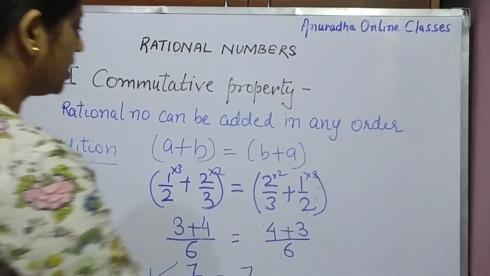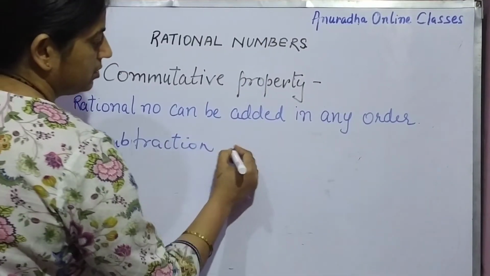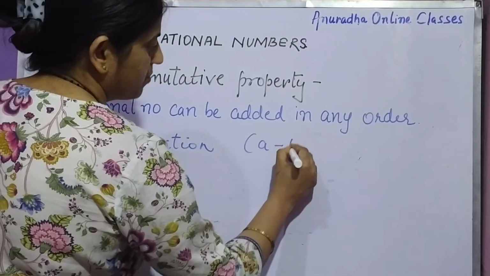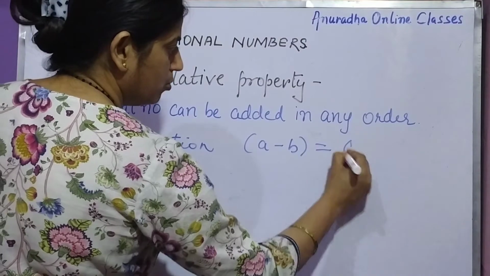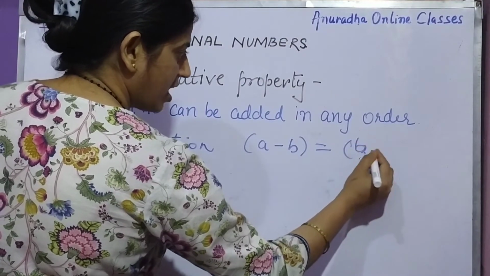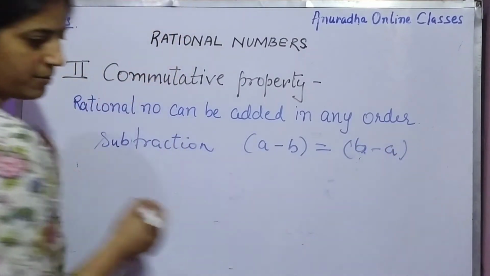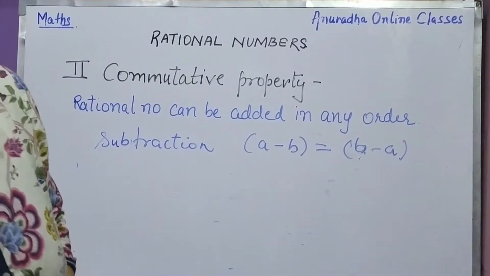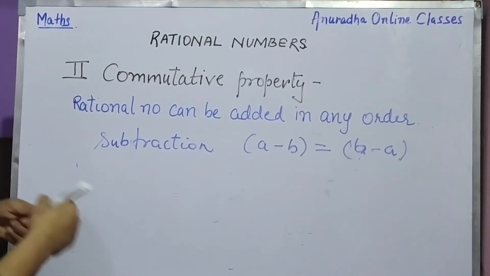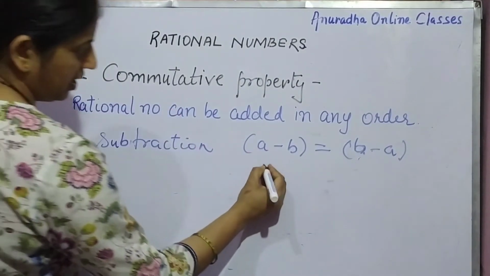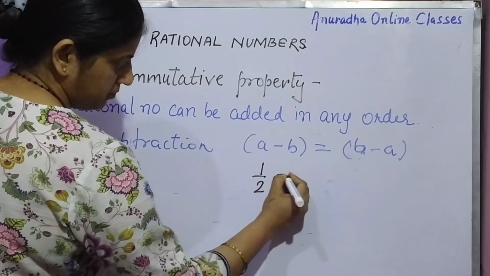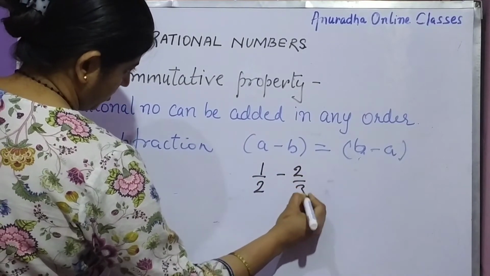Now children, come to the example. A minus B is equal to B minus A. Let us see. A is 1 by 2, B is 2 by 3, right?